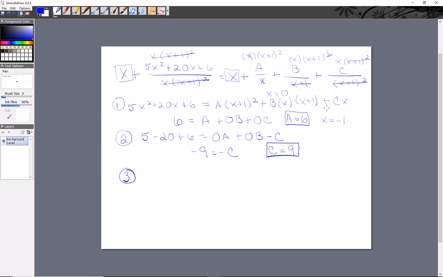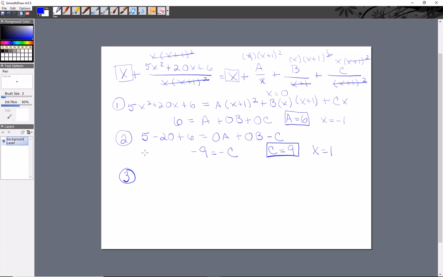But there's really no need, because we know A and we know C. We can pick whatever we want for x, and that will leave us with B, which we can solve for. So just be smart and let it equal something easy. Let it equal 1.